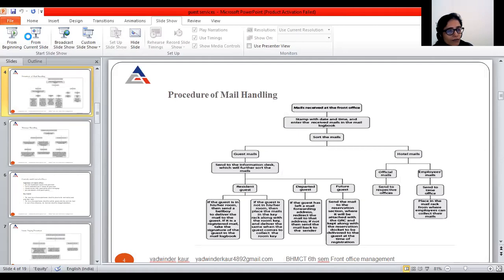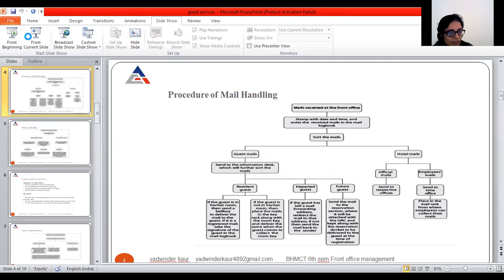Then we have the guest mail. There are some points for guest mail also: send it to the information desk, which will further sort the mails. One is resident guest, one is departed guest, and one is future guest. The resident guest: if the guest is in his or her room, then send a bellboy to deliver the mail to the guest.